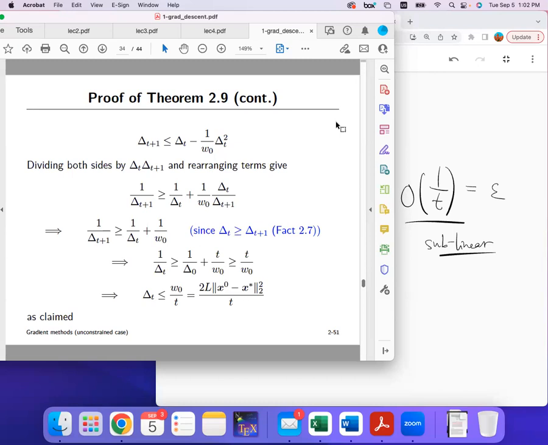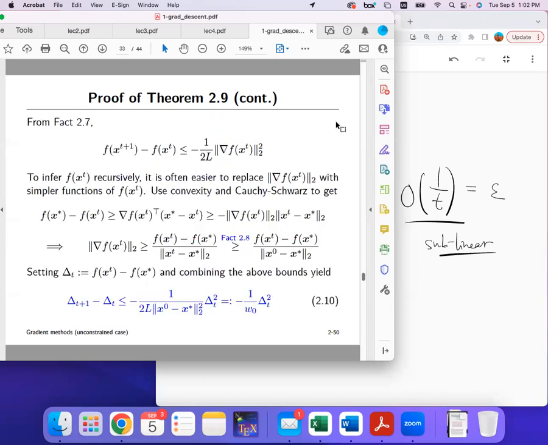What we do is divide both sides by this product. I can do that because the product is positive. Delta t is always positive, right? Recall, delta t is always positive because we are subtracting the minimum value.